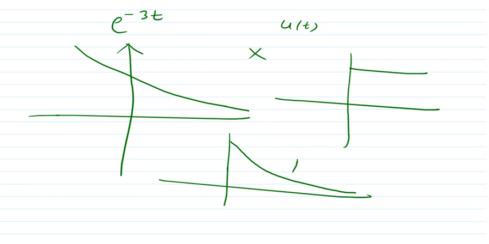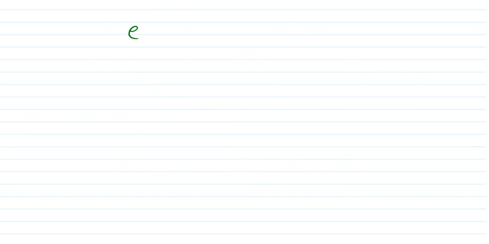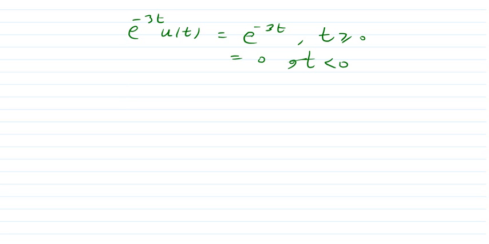So this is the graph of e raised to the power minus 3t multiplied by u(t), because u(t) is 1, so we get the signal only in the positive quadrant. We can summarize this: e raised to the power minus 3t u(t) equals e raised to the power minus 3t for t greater than or equal to 0, and it is 0 for t less than 0.